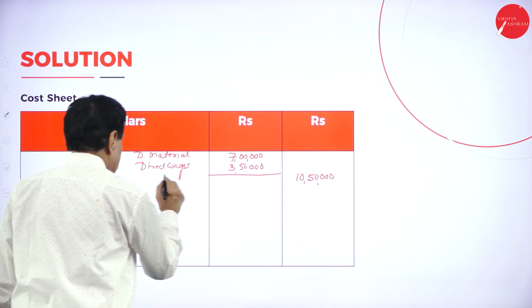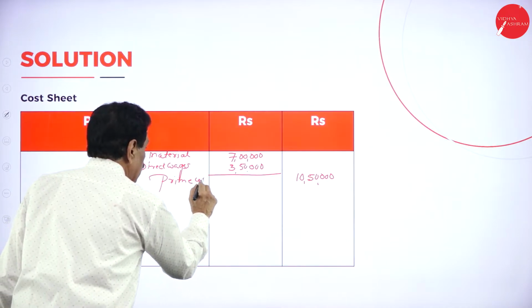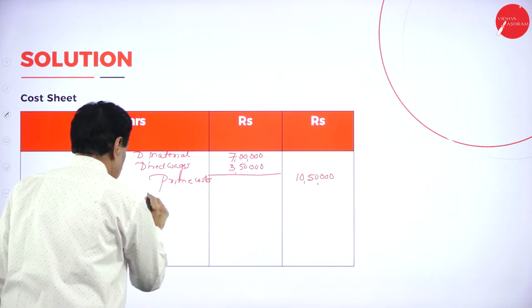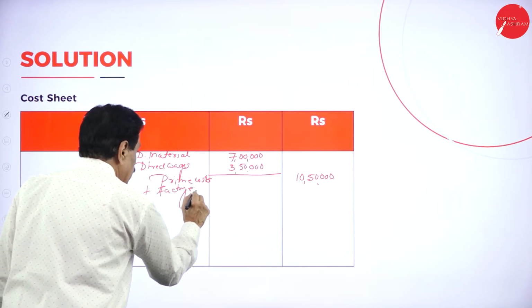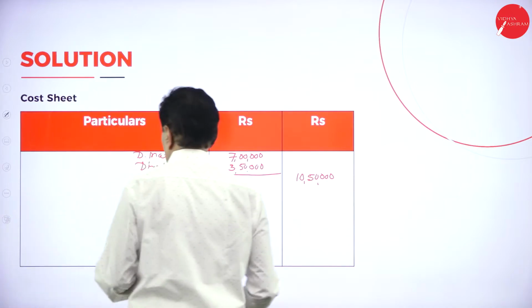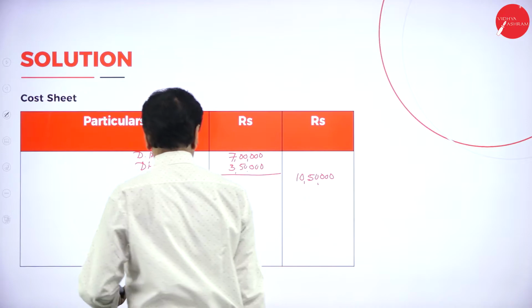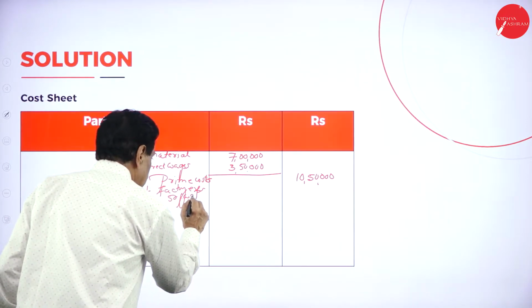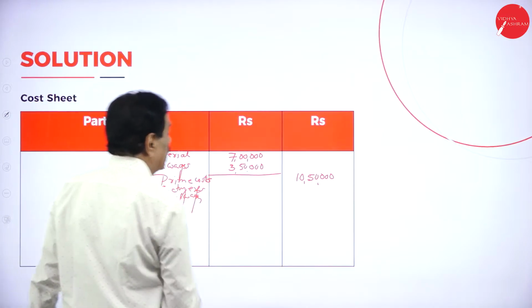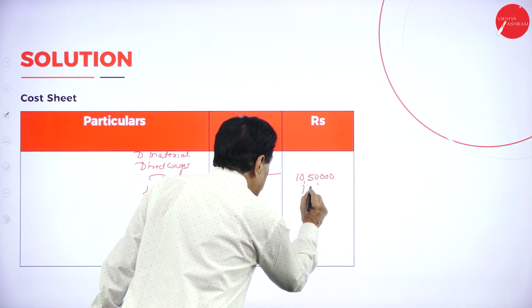This is the prime cost. Add factory expenses. What does the problem say? Factory expenses, 50% of wages. What are the wages? 3,50,000. 50% means 1,75,000.